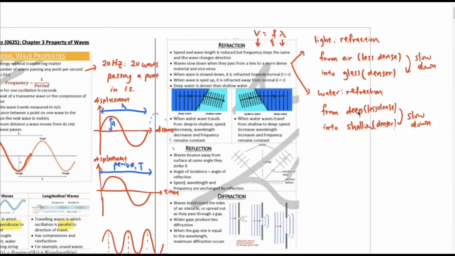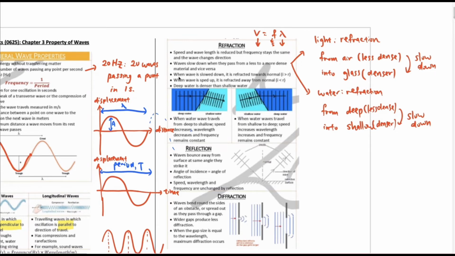When the region is deep, right, the H2O are separated further apart, less dense. When it's shallow, then the H2O are closer together, that is denser. Okay, so the region is smaller, right? They are closer together. So we can see it in that way.